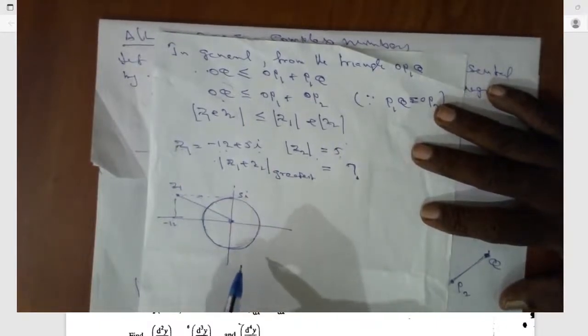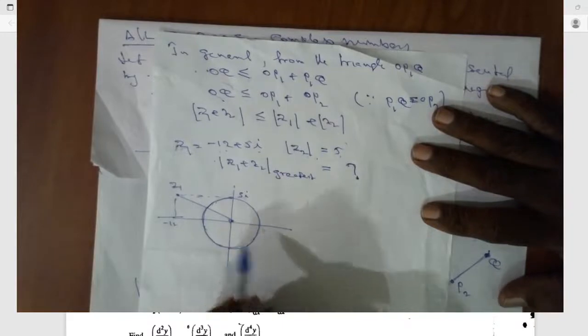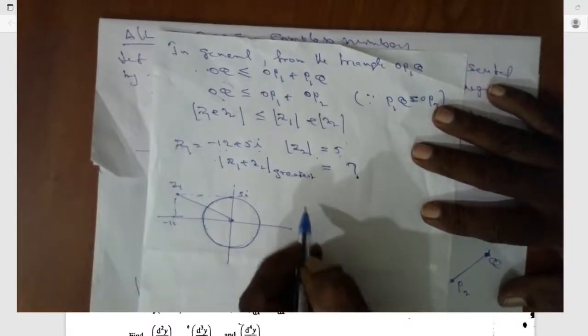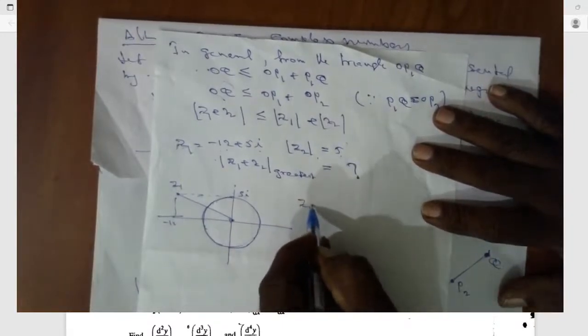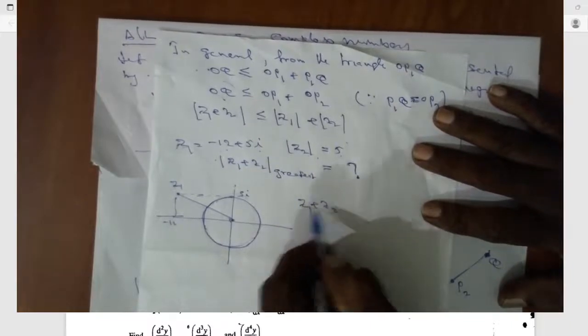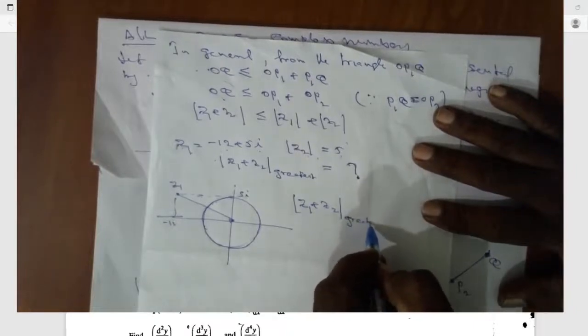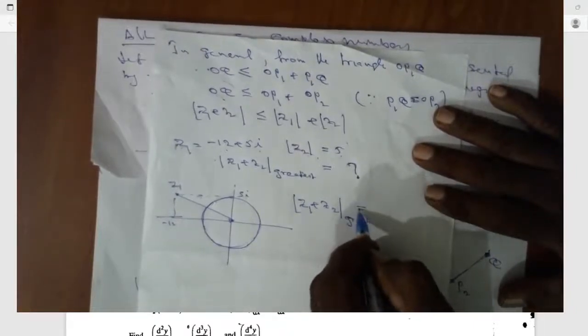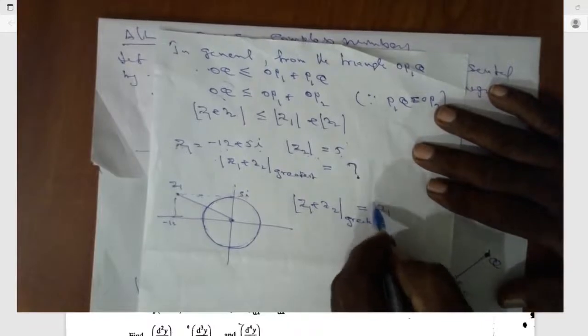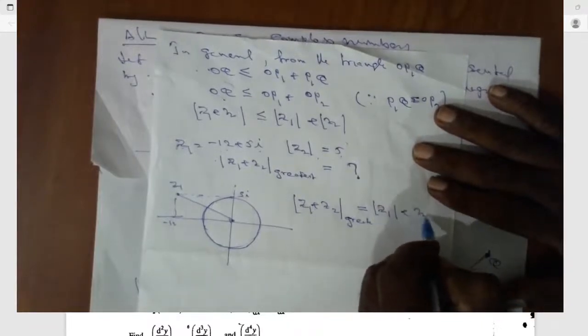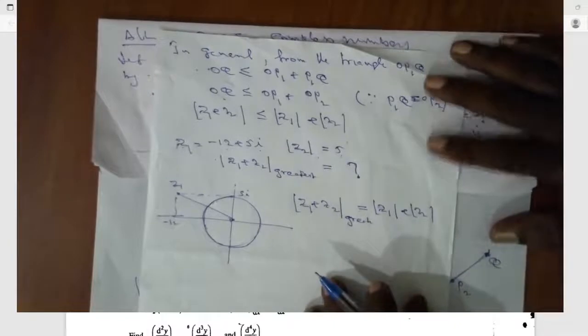Right? What is the greatest value of C1 plus C2? What is the maximum of C1 plus C2? What is the greatest possible value of C1 plus C2, right?